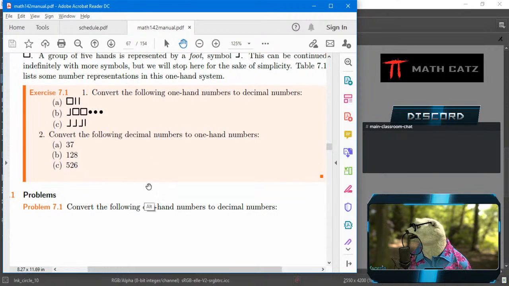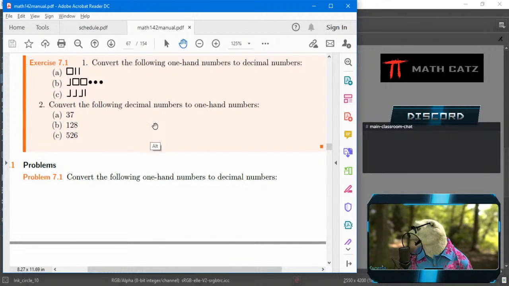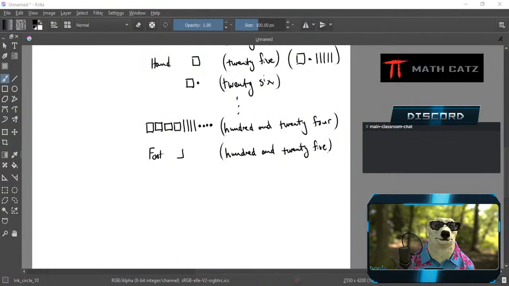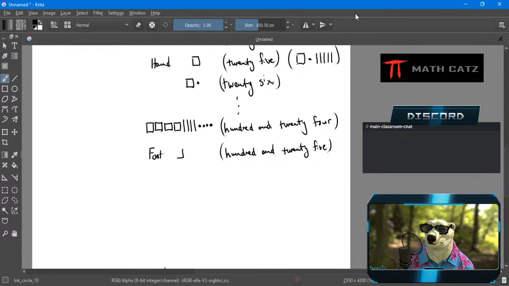Okay, so now we have exercise 7.1. We have a new number system, so that means we're going to do our conversions back and forth. Now I'm just going to put this on the other screen so I can more effectively copy it. Let's see where we're at.